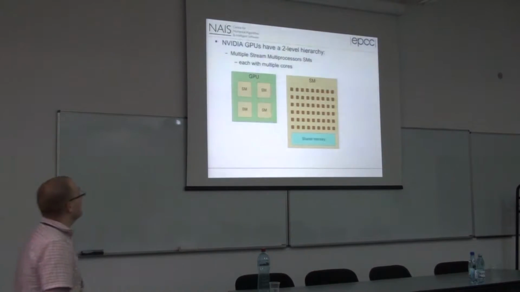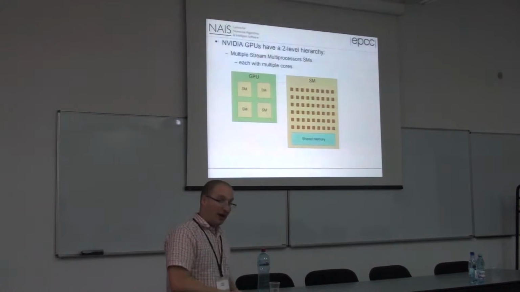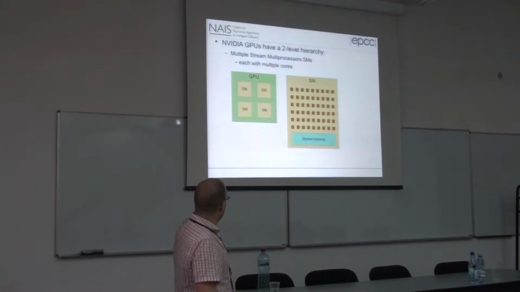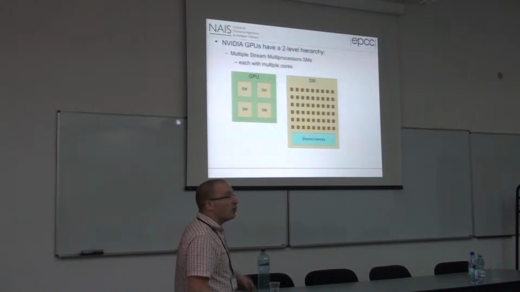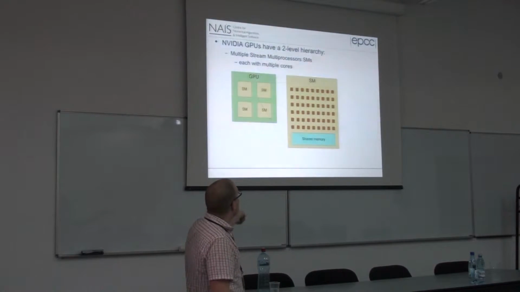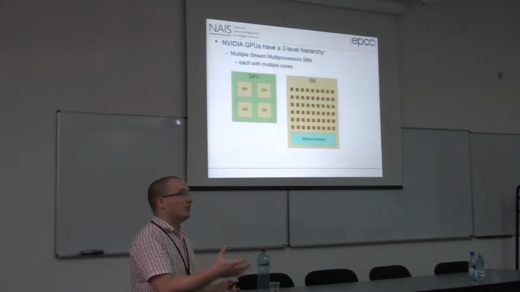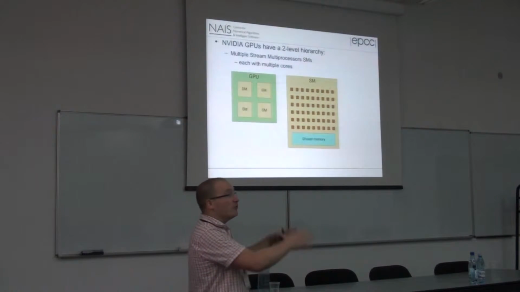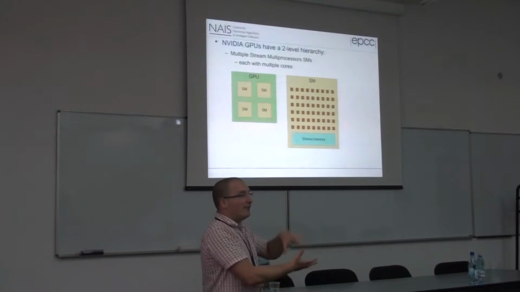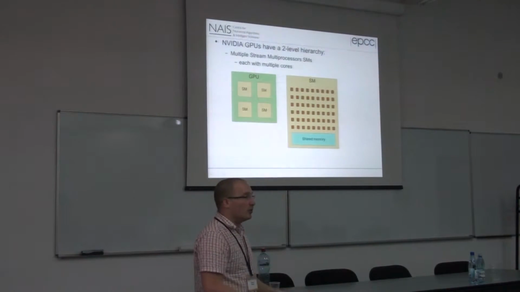NVIDIA GPUs have a concept of a two-level hierarchy in them. We have these streaming multiprocessors, these blocks, and then inside those, they each have multiple cores with some shared memory. You've got a number of those on a GPU, and then inside each one of those, you've got a number of cores.